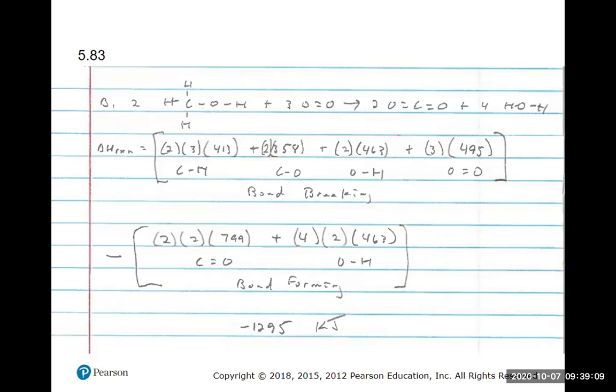So that's everything that's a reactant, the left-hand side. Okay. And then the right-hand side is the bond forming. That's the products. But you're exactly right. There needs to be 2 because there's 2 OH bonds in that molecule. Okay. Any other questions?